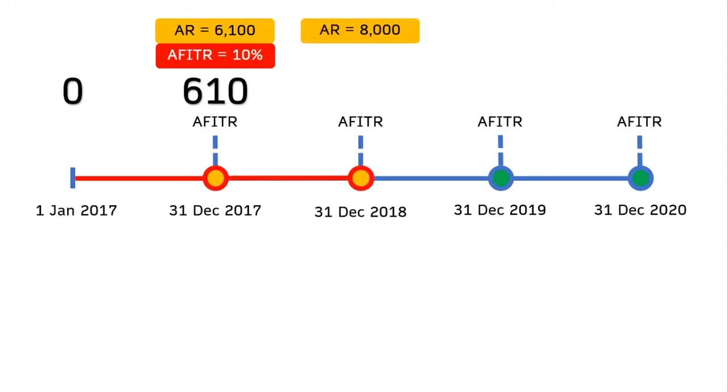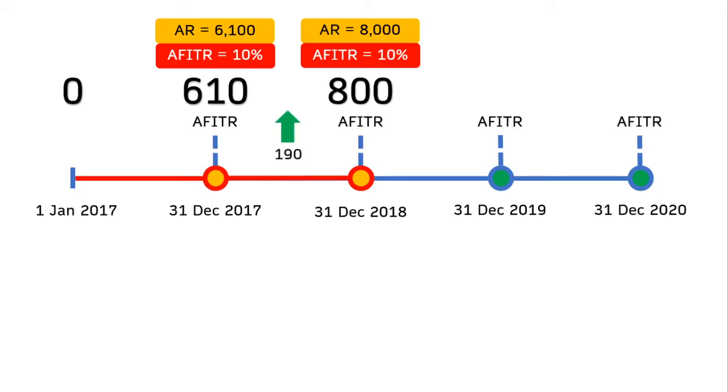The next year we have higher accounts receivables of 8,000, but we choose to maintain the allowance at 10%. As a result, the allowance for impairment of trade receivables as at 31st December 2018 will be 800. Here, there is an increase of 190.